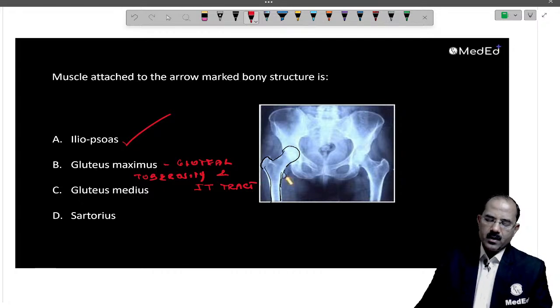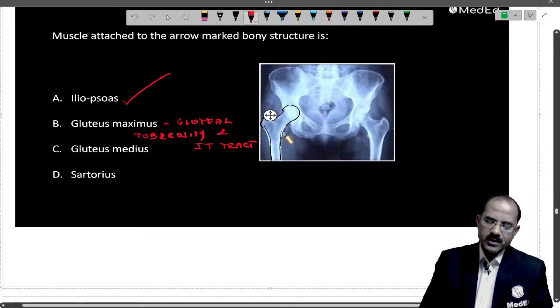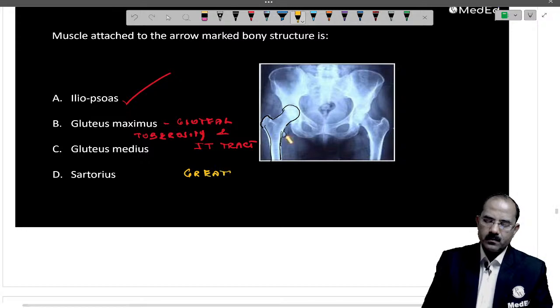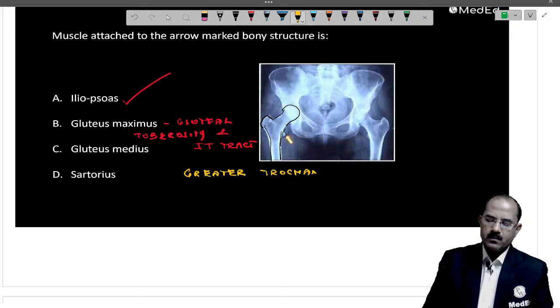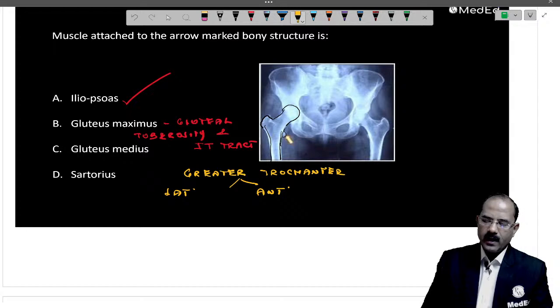Okay. So, which is the muscle attached to the greater trochanter? Look at this greater trochanter. Lateral aspect, anterior aspect.